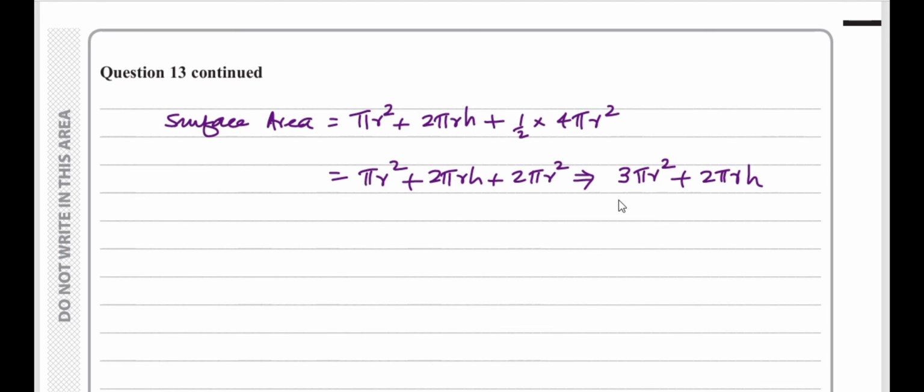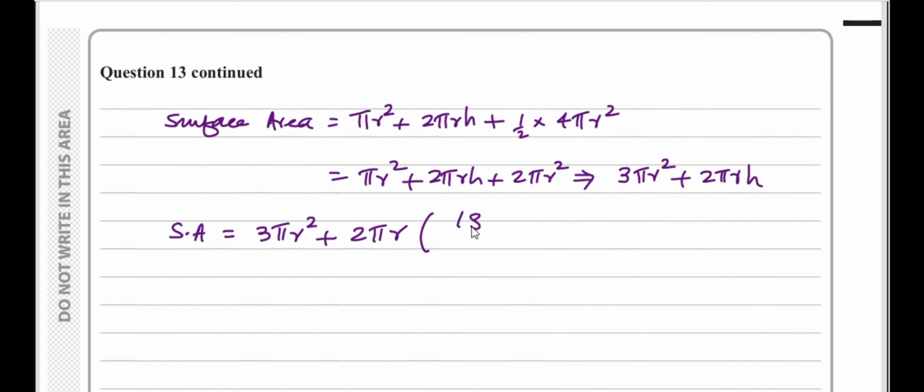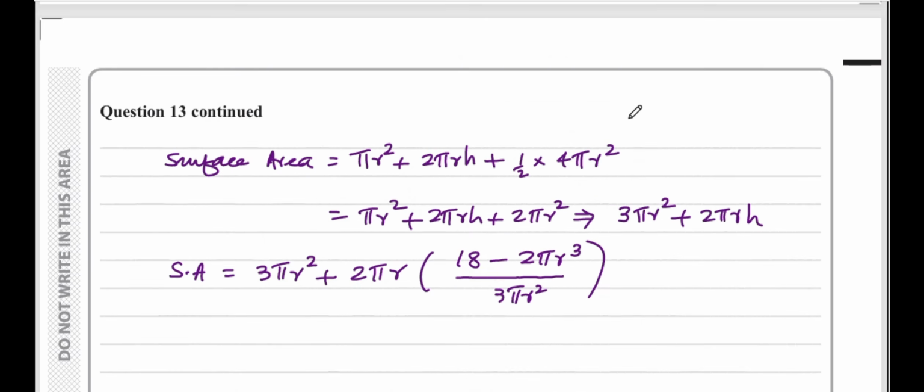Replacing the h in this equation, we get surface area equals 3 pi r squared plus 2 pi r times, instead of h we will write 18 take away 2 pi r cubed over 3 pi r squared, which is from the previous step that we have finalized here.